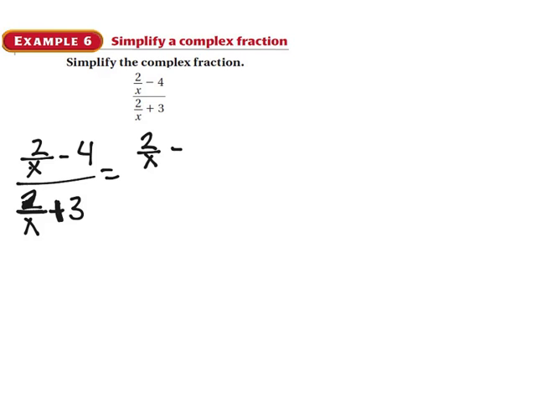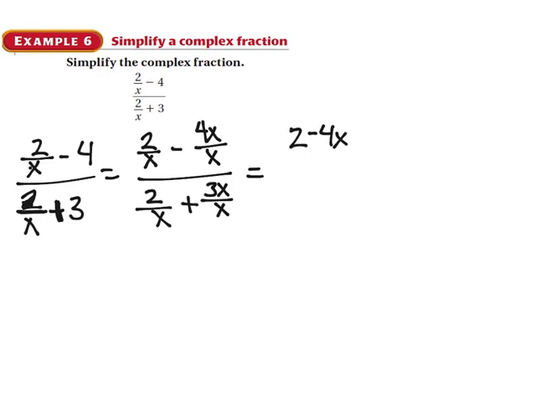So we'll end up with 2 minus 4x over x, because I multiplied top and bottom. Over here, I'm going to get 2 plus 3x over x. On the top, I'm going to get 2 minus 4x over x. On the bottom, I'm going to get 2 plus 3x over x.